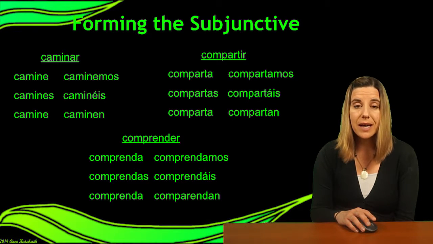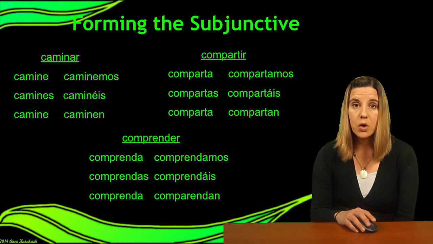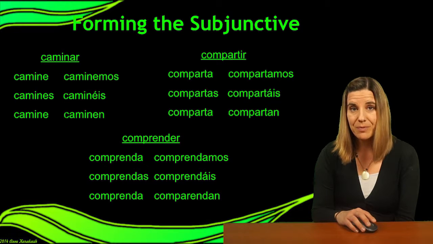Comparta, compartas, comparta, compartamos, compartáis, compartan. In ER verbs such as comprender, the yo form would be comprendo, drop the o, and add the AR endings. Comprenda, comprendas, comprenda, comprendamos, comprendáis, comprendan.